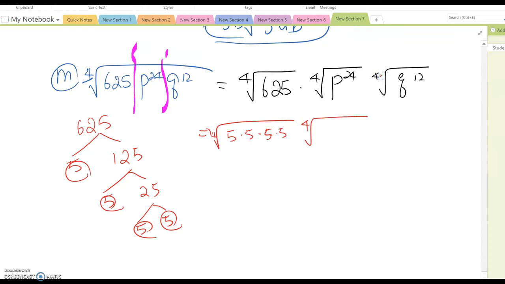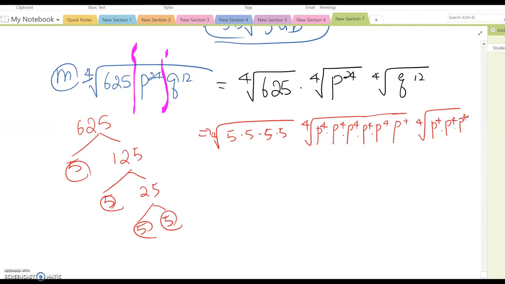Then we can make the P4 there, 6 of them. And then in this case, fourth root, P4 stays, 3 of them, right?